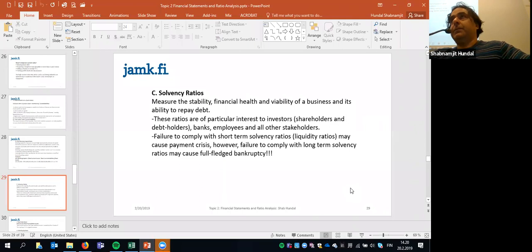Liquidity ratio tells you basically that your current assets should be more than your current liabilities. Solvency ratio tells you that your total assets, not only current or non-current, total assets must be more than total liabilities so that you remain a solvent company.